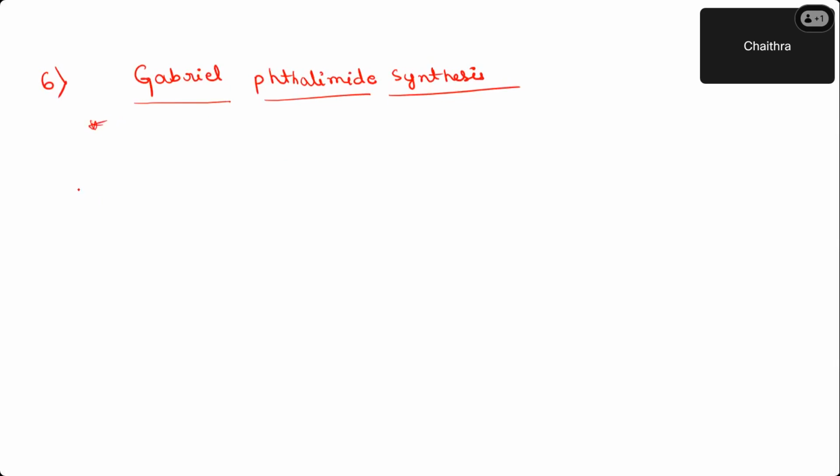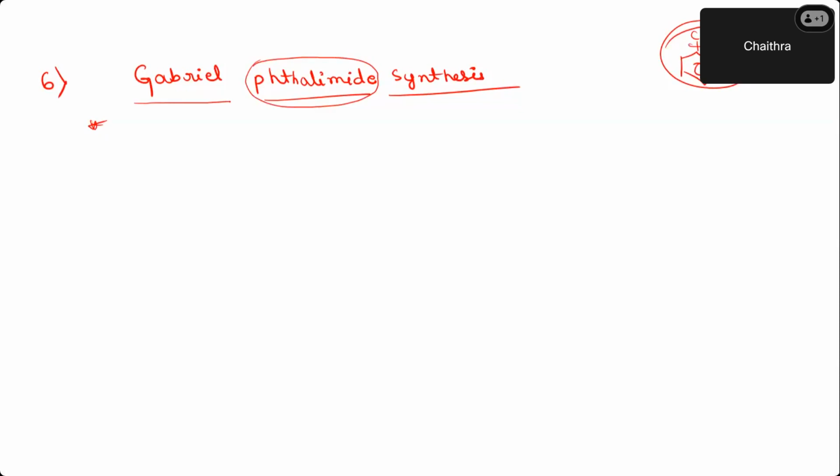If you have learned the nomenclature, you know a benzene ring directly attached to COOH is a monocarboxylic acid, right? If you have one more carboxylic acid group, for example, COOH at the ortho position, this is called phthalic acid, right?